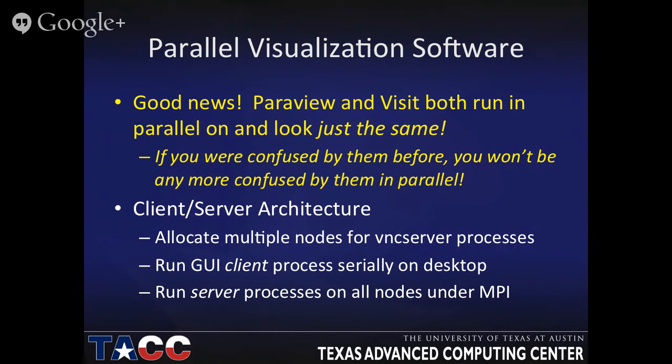It doesn't help with the degree to which you're confused to begin with, but it doesn't make it any worse. And they depend on a client-server architecture, like I described earlier. The idea is you allocate a bunch of nodes for the server processes. You run a client locally, and you run the server processes on all your server nodes under MPI and connect everything up, and lo and behold, you've got a beautiful job.